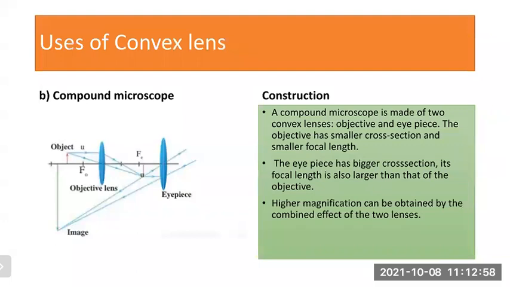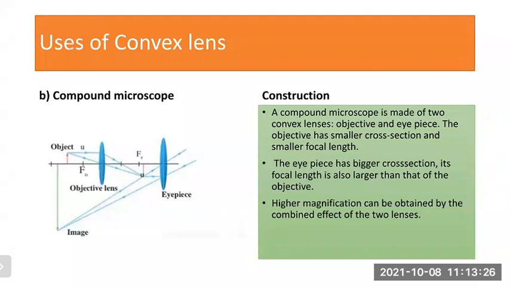See, a compound microscope is made of two convex lenses, that is the objective and eyepiece. Which are the two convex lenses? Objective and eyepiece. Remember this. The objective has smaller cross section and smaller focal length. You can, meanwhile, also see that ray diagram.